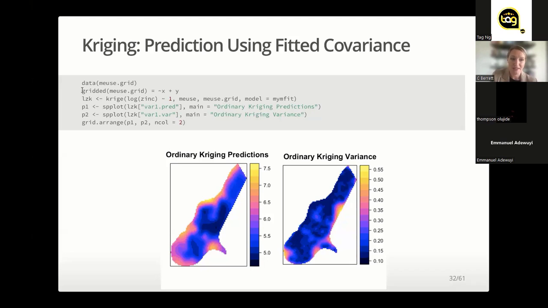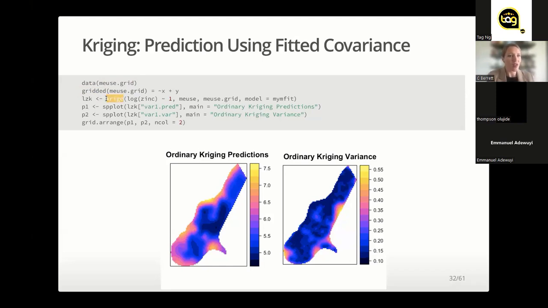I'm just going to create an sp object from the grid so that the muse.grid is a data frame. I'm creating an sp object by giving it coordinates for gridded data. They have this nice gridded function, so it can make use of gridded features. And then we're going to use the function krige.